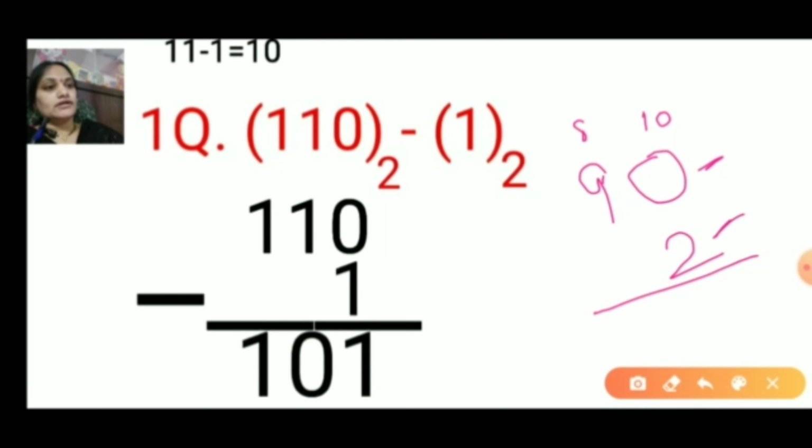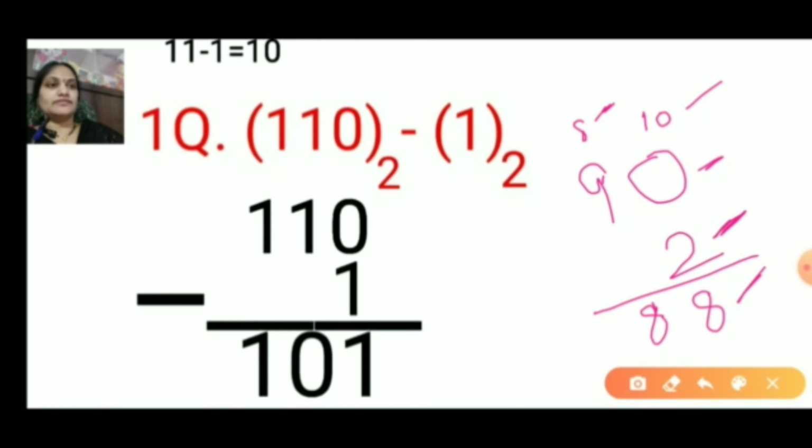Now, subtract this 2 from 10, that is 8. Now, you write this 8 as it is. That is why we are getting 90 minus 2 is equal to 88. This is the actual process behind the subtraction in case of decimal number system.